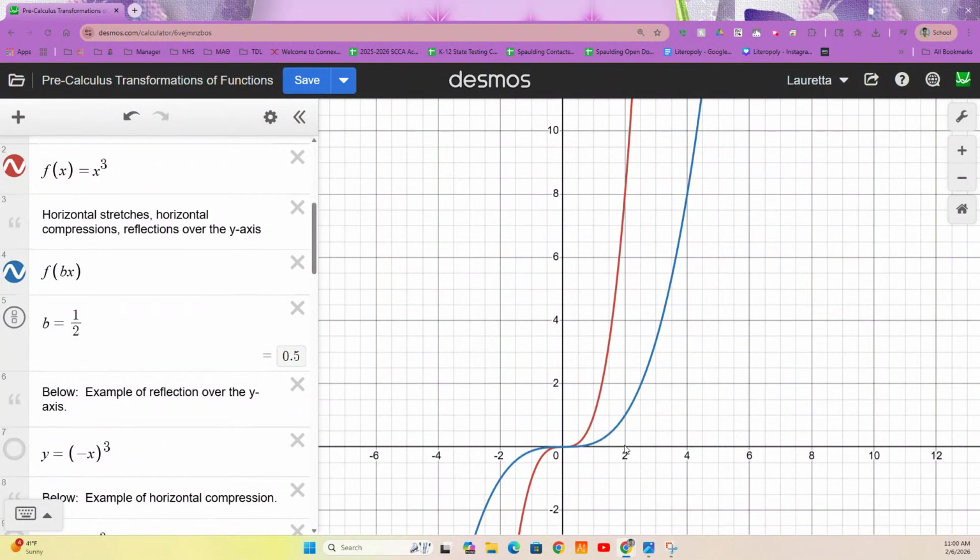Or another example, we have the point 2, 8 on our parent function. So for the same y value of 8, the x is going to be multiplied by 2. So we have the point 4, 8. That's 2 times 2 is 4.